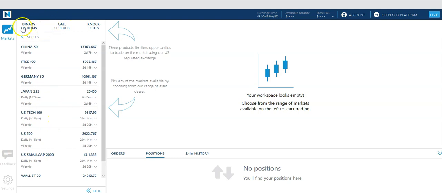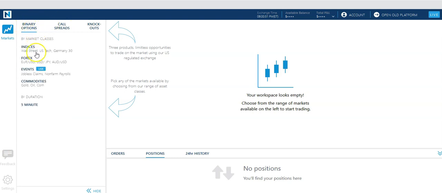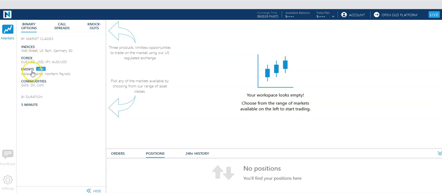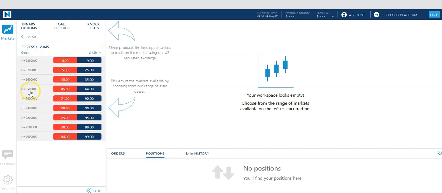So if you click on binary options, go to indices, or if you trade Forex events, you could trade jobless claim numbers, non-farm payrolls, like the job numbers in the day in 12 hours. We could trade those, whether it's going to be above or below.